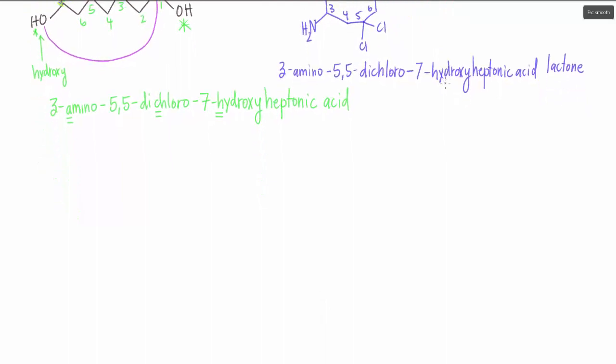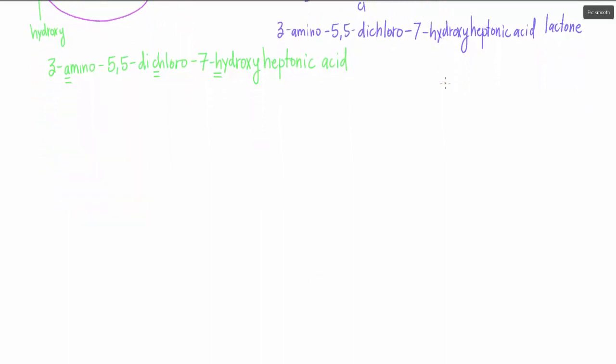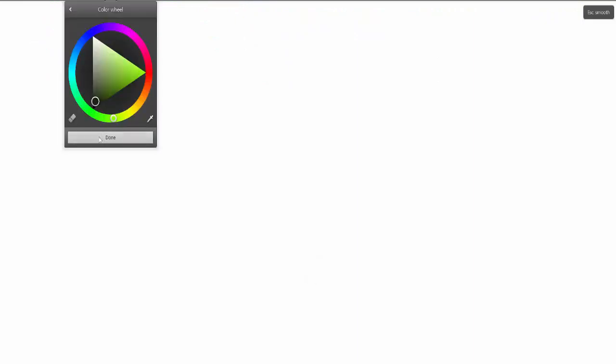Let's draw out a lactone. Okay, so this would be a carbon, but now I'm going to put O on it.